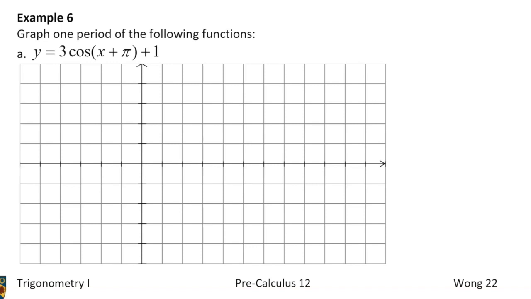So graph one period of y equals 3 cosine x plus pi plus 1. Okay, so because we're still new to this, on the side here, let's just refresh ourselves and make sure that we know that a cosine function looks like this. Okay, and now let's space out what we have with everything here. So here's the point 0, 0.